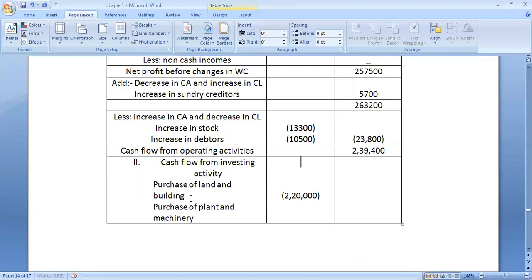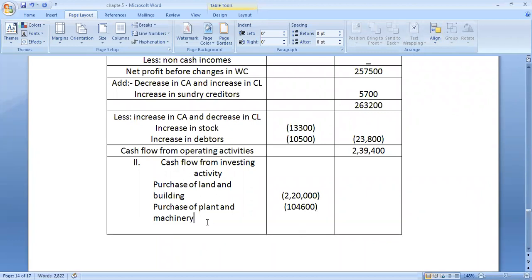So what is the value of plant and machinery? It is 1,04,600. Okay. So now also take the purchase of furniture. Okay, so purchase of furniture is just 2,200.